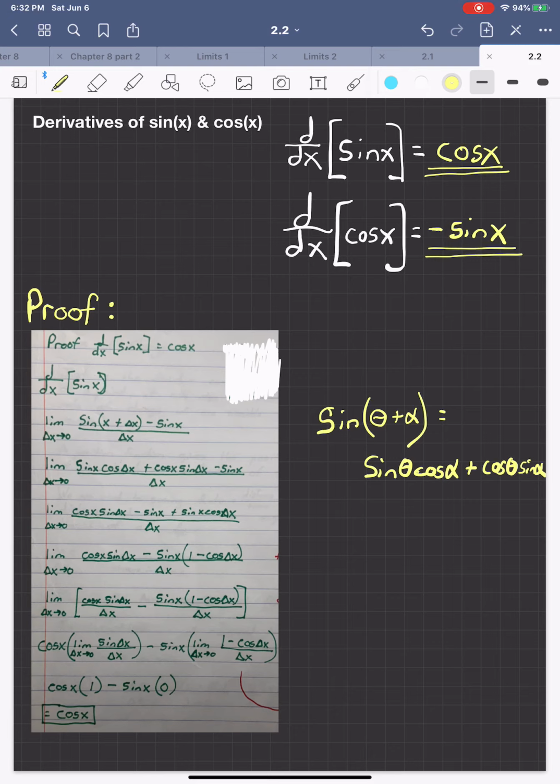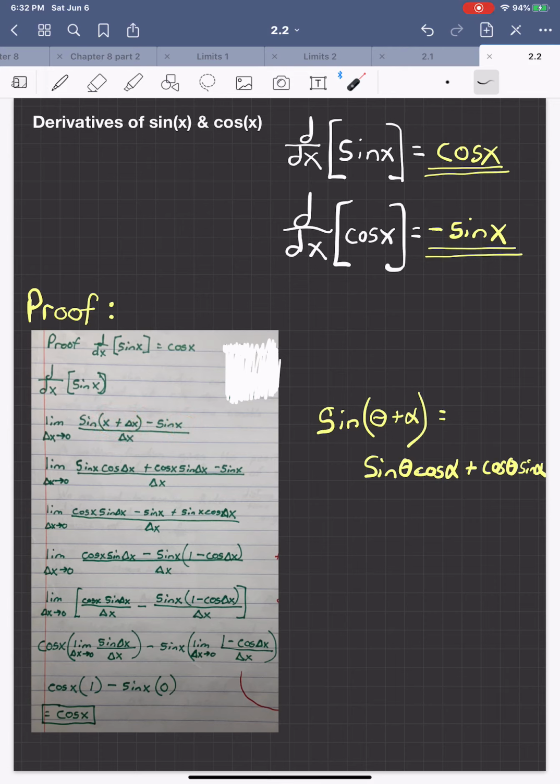What I'm doing here is, remember that your sine function only understands angles. So whatever x is, and whatever x plus delta x is, it's an angle.